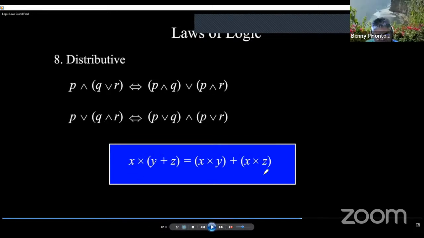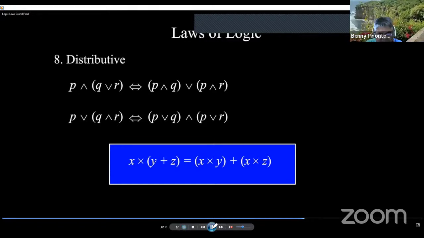So you think of this distribution: X times in the bracket Y plus Z equals X times Y plus X times Z. But here you cannot interchange the plus and multiplication.